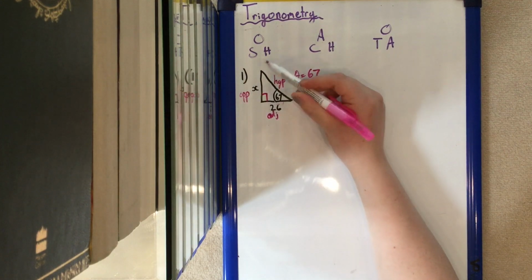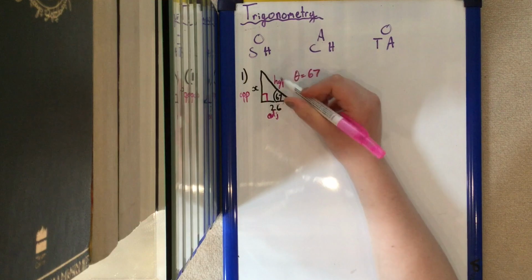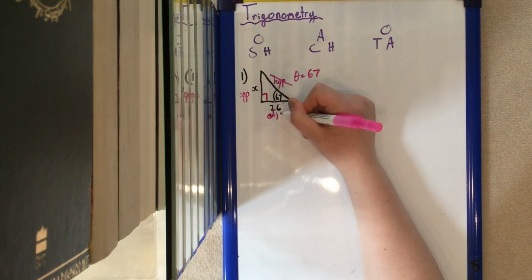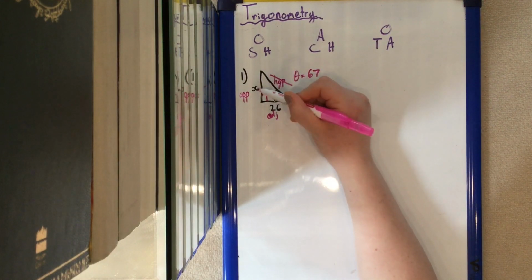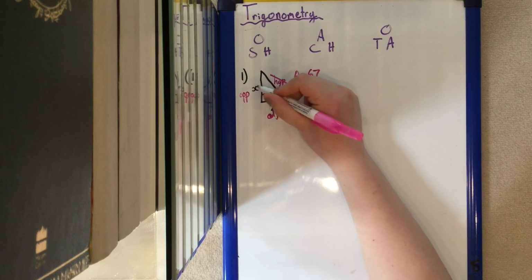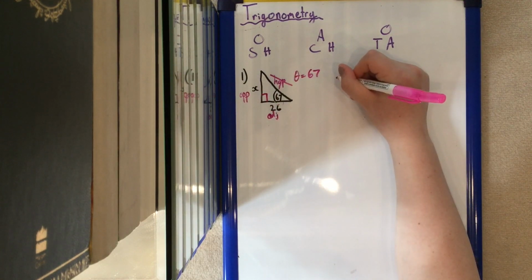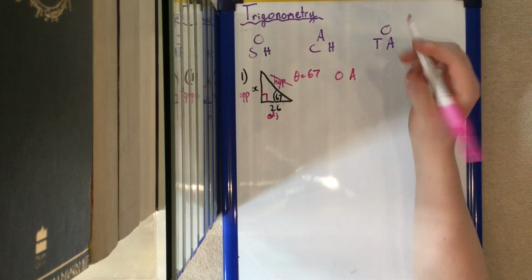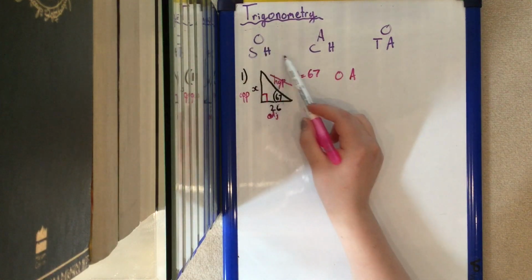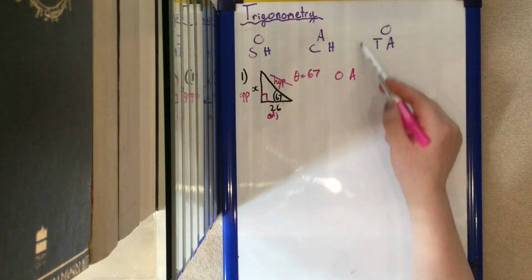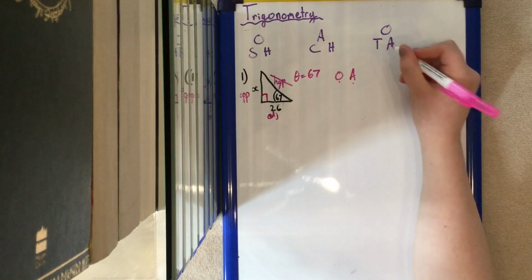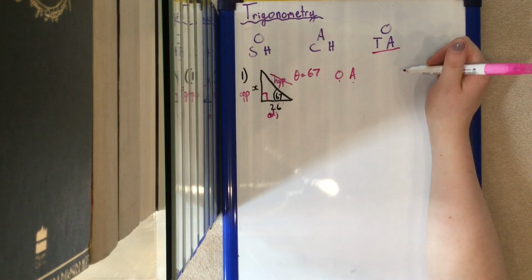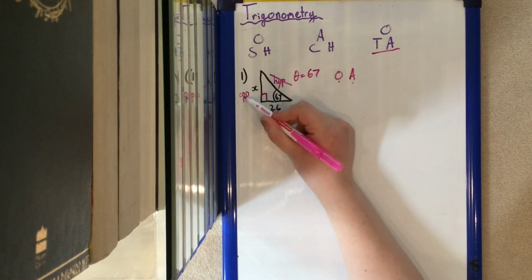Now, I don't have any information on my hypotenuse, so I can ignore it. I do have information on my adjacent, and I'm trying to find out my opposite. So the 2 sides involved are my opposite and my adjacent. I then look up at these 3 and see which one contains opposite and adjacent, and in this case, it's tan. The side I'm trying to find is the opposite.